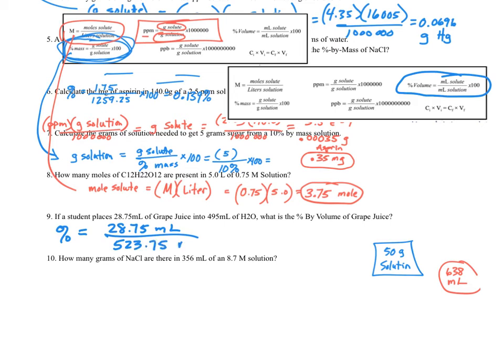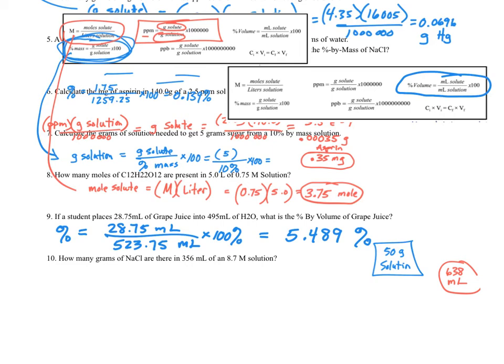That's the milliliters of solution. And it's times 100 to make it into a percent. So we will get 5.489. 5.489% by volume.